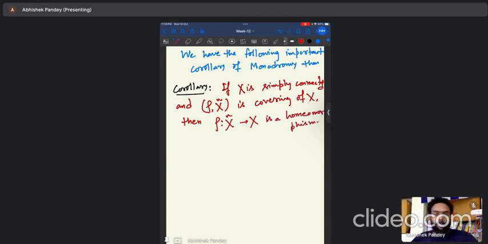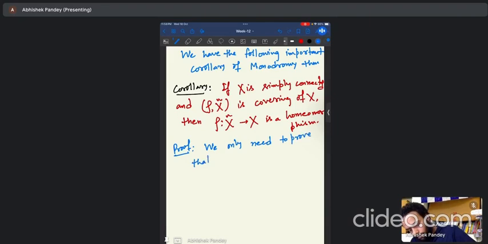Okay, so we'll try to prove this one now. Observe that we only need to prove that rho is 1-1.